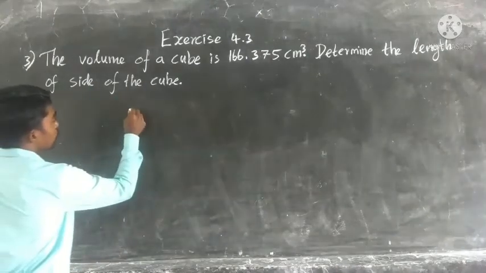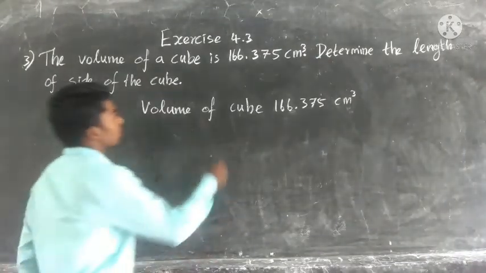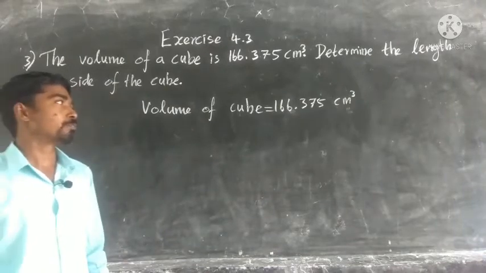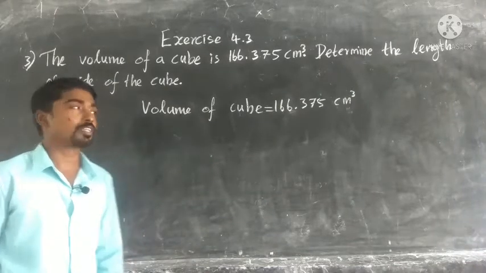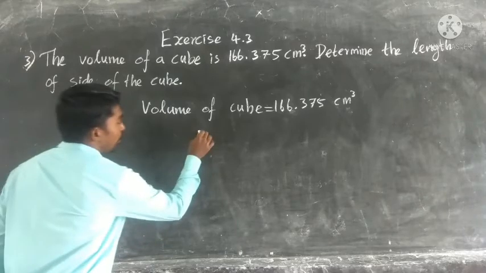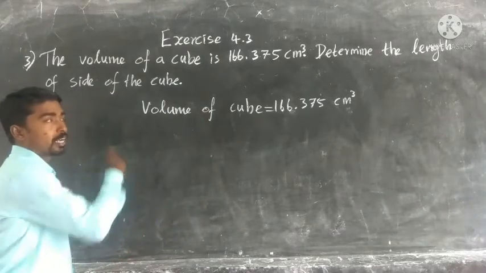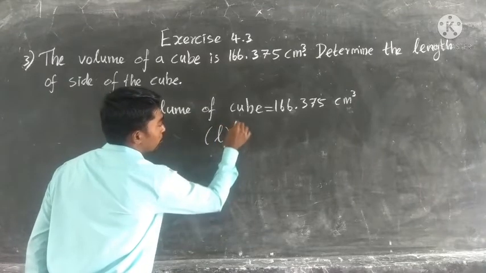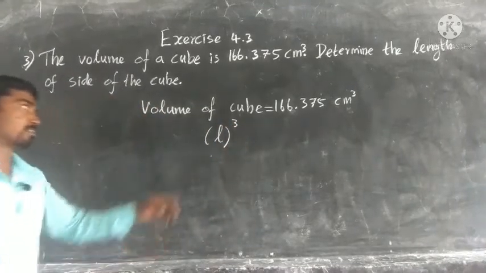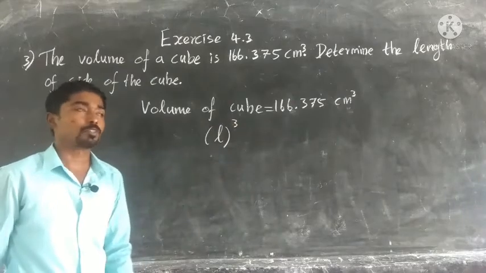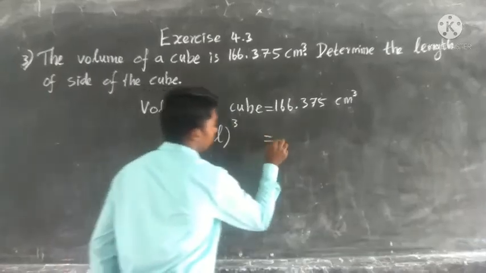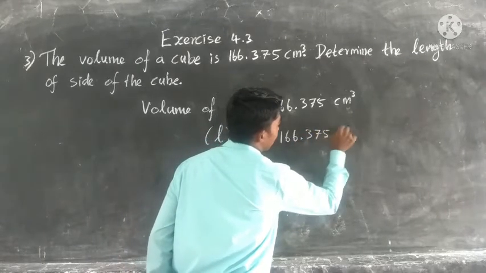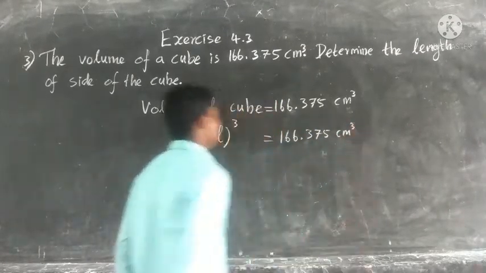Then volume of cube is equal to 166.375 cubic centimeter. We know that the length of cube be L. So volume of cube is equal to L to the power 3 is equal to 166.375 cubic centimeter.